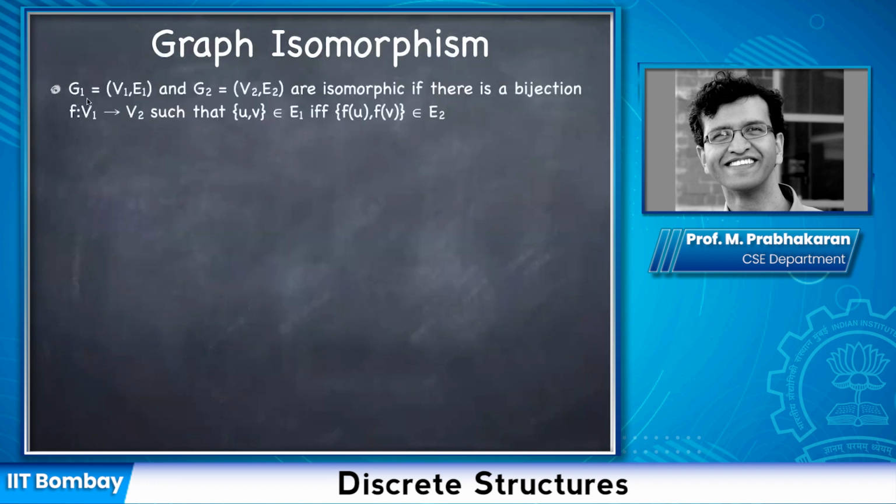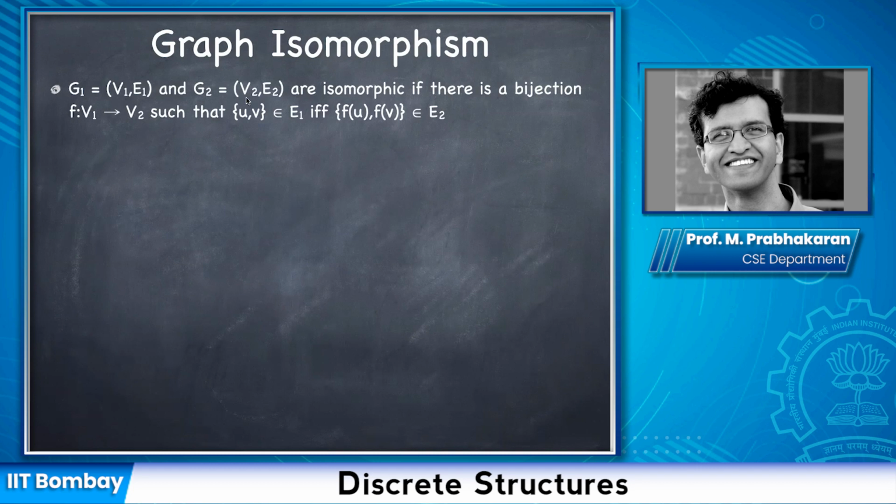An important basic concept about graphs is the notion of graph isomorphism. So if I give you 2 graphs, G1 and G2 with vertex sets V1 and V2, and some subsets of those vertices as their pairs of vertices as the edge sets, they could actually be just relabelings of the same graph.